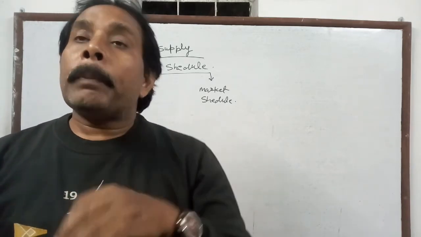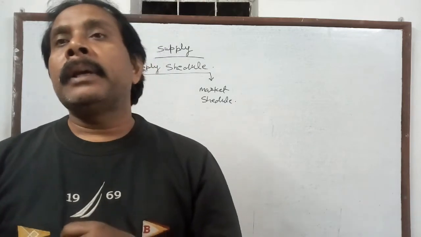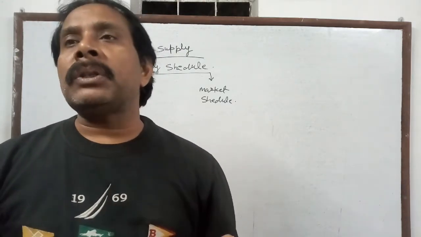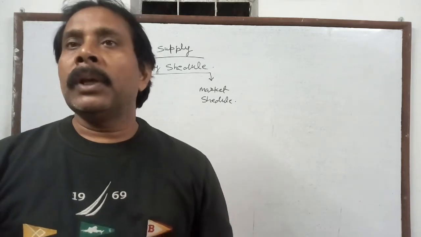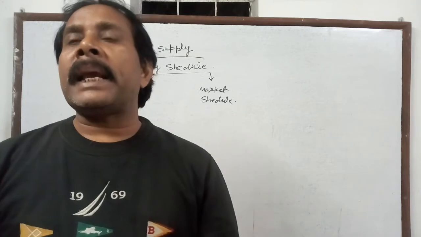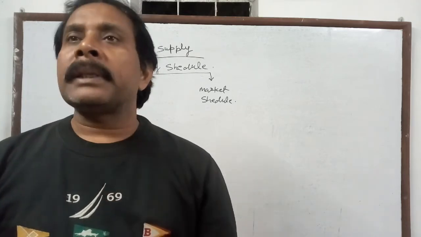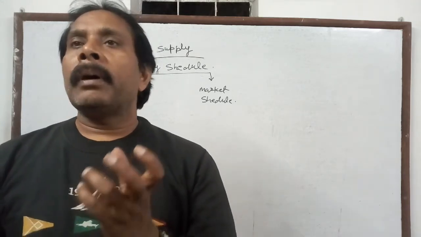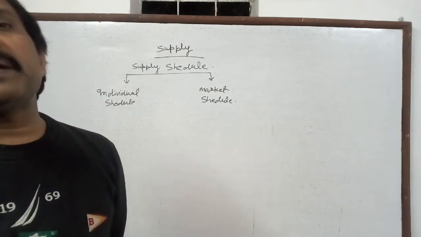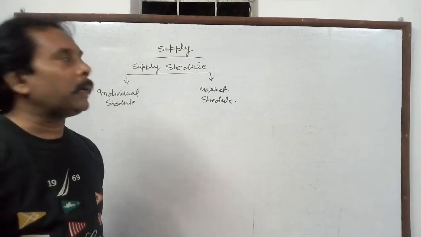Point number two, producer is willing to sell. Next, various levels of price, and the next, a given period of time. Okay, so it can be explained with the help of the following schedule.